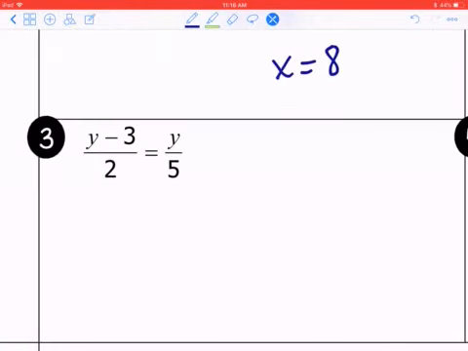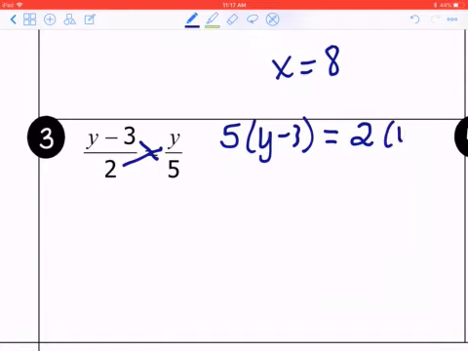But now we also have a variable all by itself in the numerator. So we're still going to cross. And you take the sole number 5 times the quantity y minus 3, and that equals the variable and 2 times y.